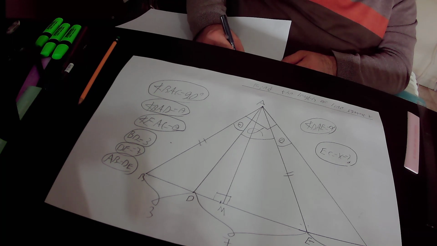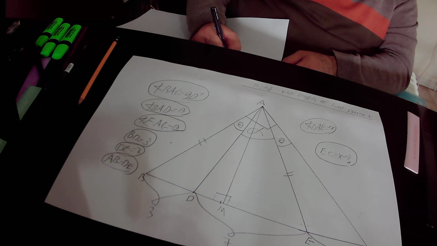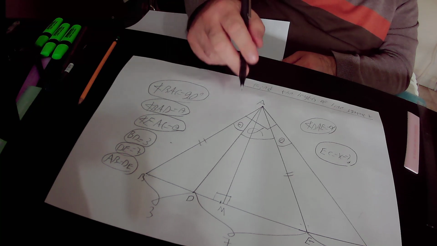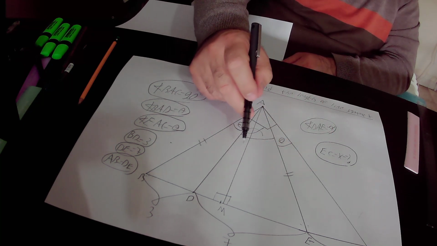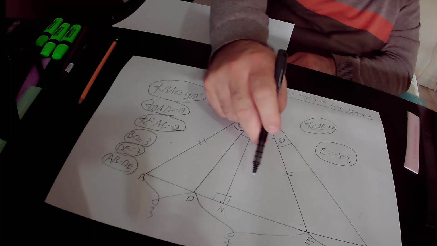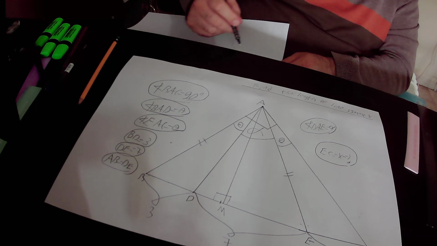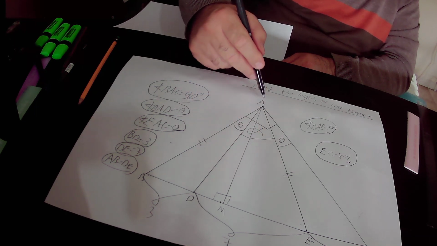So what is the area of triangle DAE? The area of triangle DAE will be equal to the base of the triangle, that is DE, times the height to the base, that is AM.